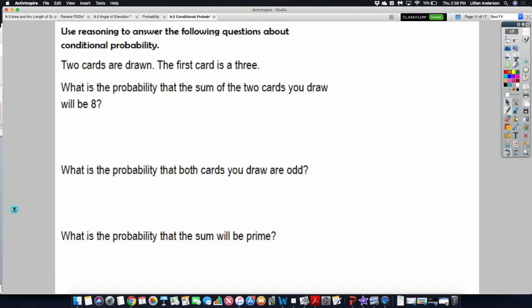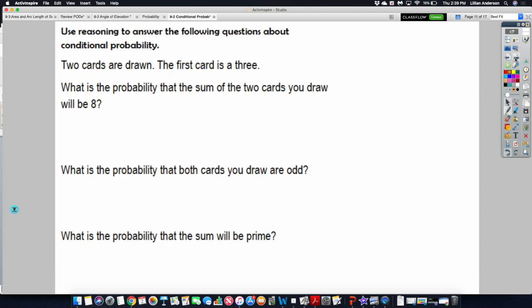Now, what is the probability that the sum of the two cards you draw will be an 8? One is a 3. That means I can only add one number to 3 to make 8, right? A 5. How many 5 cards are in the deck?